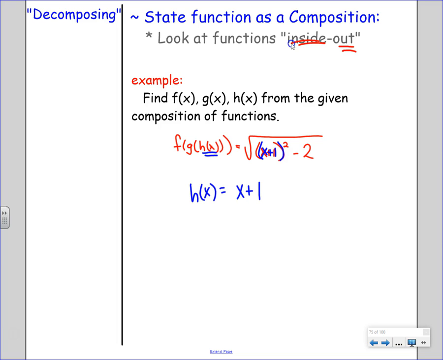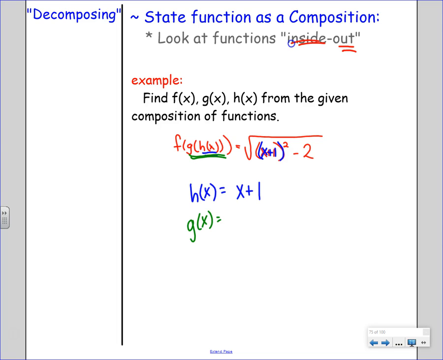Now, if we were to keep looking out, say, okay, g would be the next function. Now think, g would be the function that h was plugged into. Now I can't say the whole rest of the thing because that would be f as well. But can you guys ask yourself the question, what does x plus 1 seem to have been plugged into? What would you say?